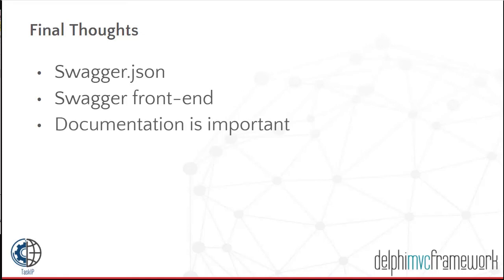Okay, documentation is important. Why? Because, as I said, with your documentation being up to date, it will facilitate a lot when third parties or even you want to understand your API, want to know what is in there.